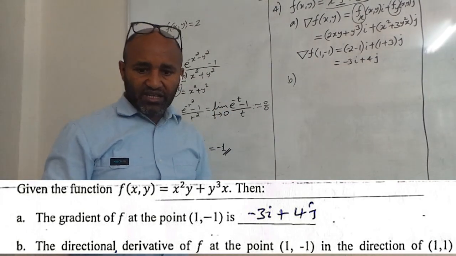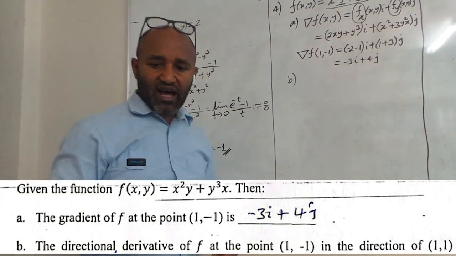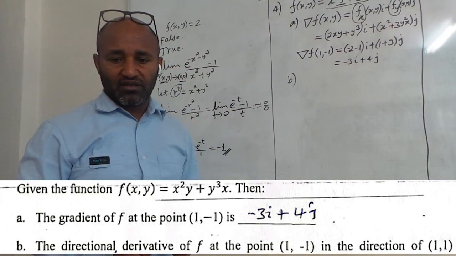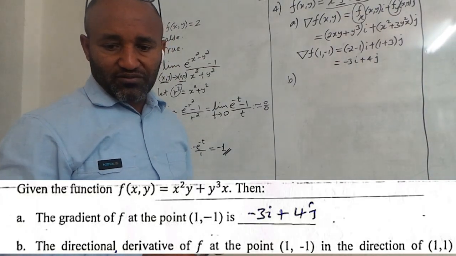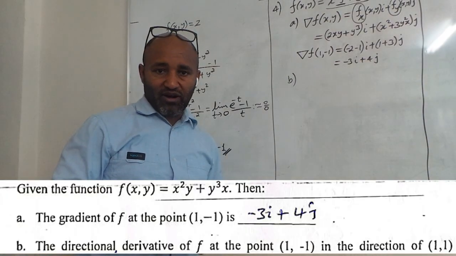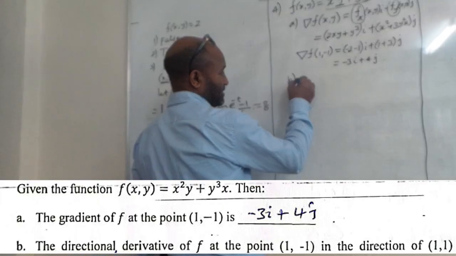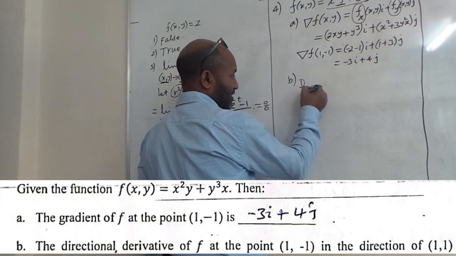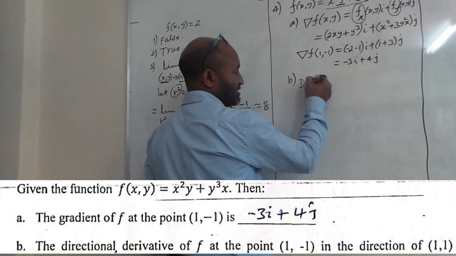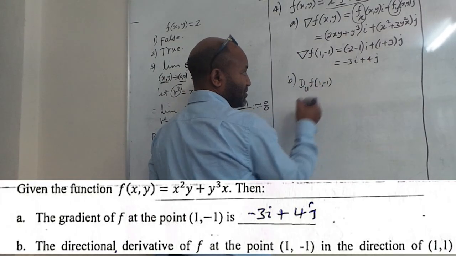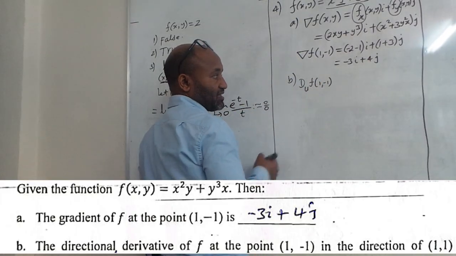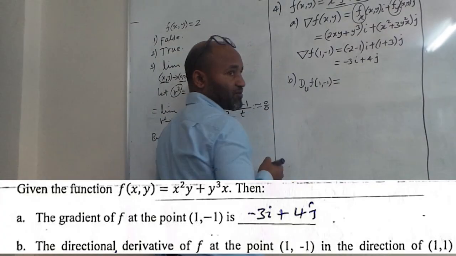Part B says the directional derivative of f at the point (1, -1) in the direction of (1, 1). The directional derivative along the unit vector of f at (1, -1): remember the formula.